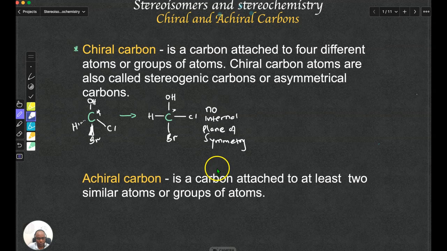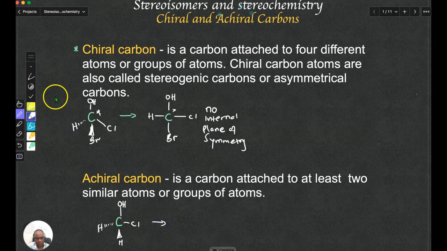On the other hand, if you're looking at achiral carbon, that one might have an internal plane of symmetry, a way to cut it into 2 equal parts. So I'll show you an example. Now assume that we have a hydrogen, those are already 2 similar things, an OH and a Cl.